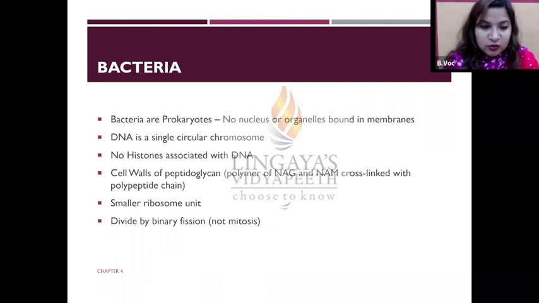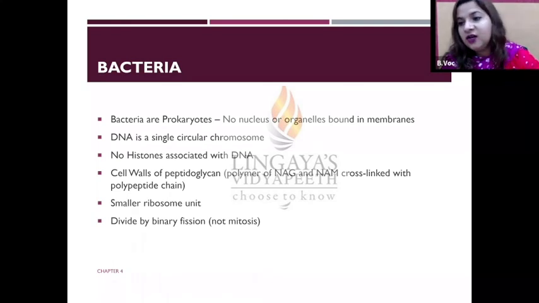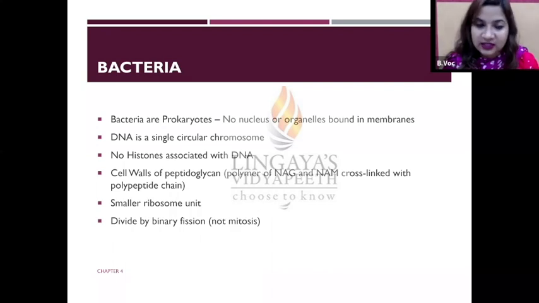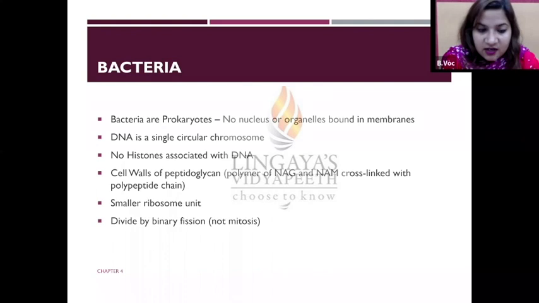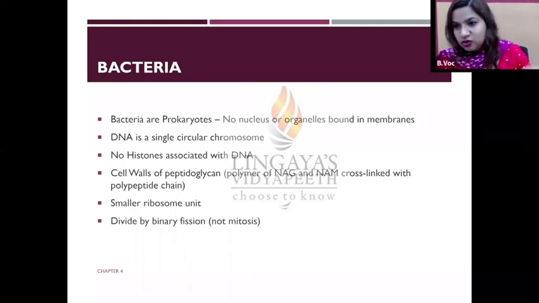All right. So the DNA of the bacteria is a single circular chromosome. No histones are associated with the DNA in the bacteria. Now talking about the cell wall of the bacteria, it is made up of the peptidoglycan layer. All right. We'll be studying it in detail in today's session.